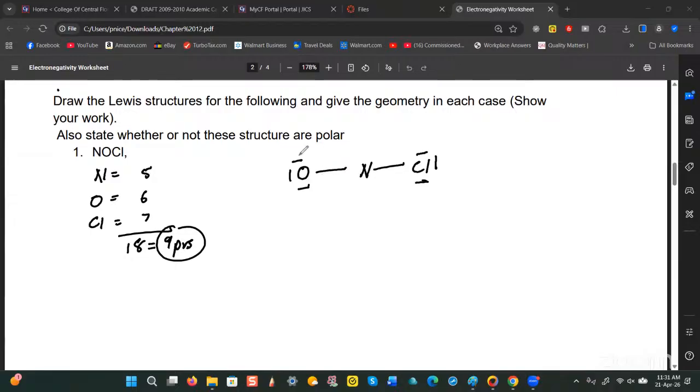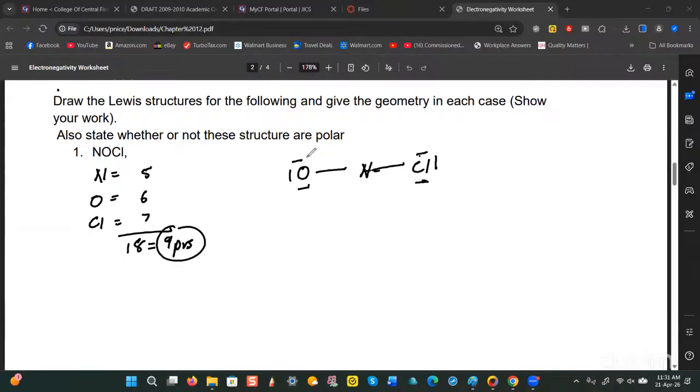That's true for the oxygen here, which has 2, 4, 6, 8 electrons, and also for the chlorine, 2, 4, 6, 8 electrons. But that is not true for the nitrogen here. It has only 2 pairs or 4 electrons. So how do we end up with 8 electrons for the nitrogen?